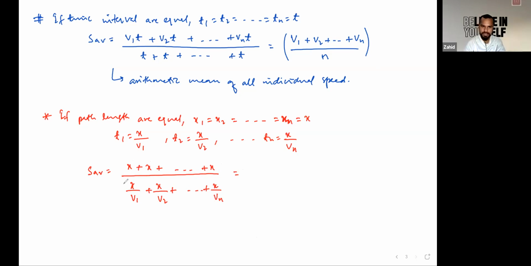And if you take out x as common from the denominator, you will get n divided by 1 over v1, 1 over v2, and so on to 1 over vn. So this whole term is termed the harmonic mean of individual speeds.